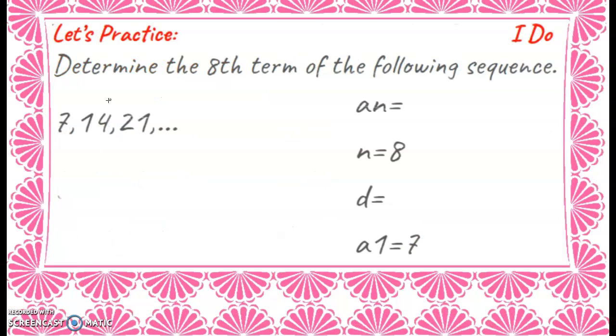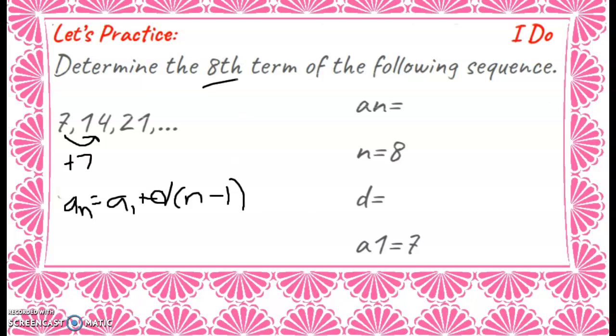Okay, let's practice. Determine the 8th term of the following sequence. 7, 14, 21. Each time we're going to add 7, so this means that it's an arithmetic sequence. So let's recall that formula from before. We have a of n equals a1 plus d times n minus 1.